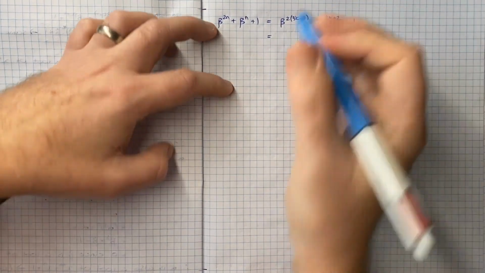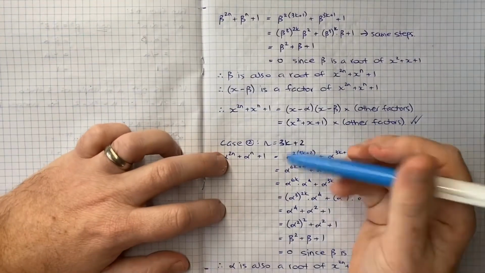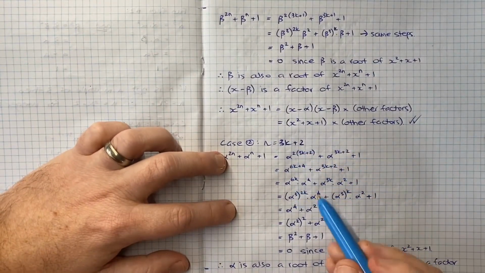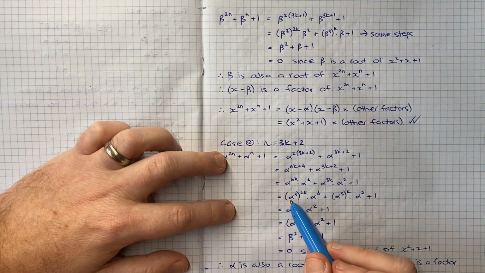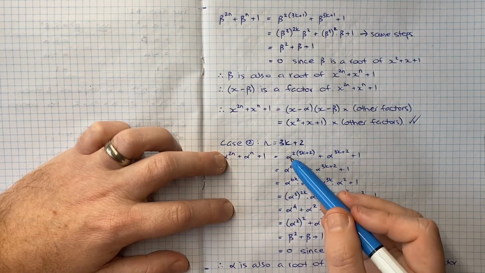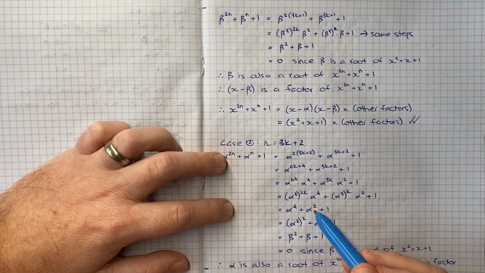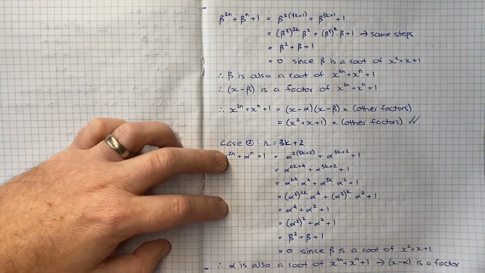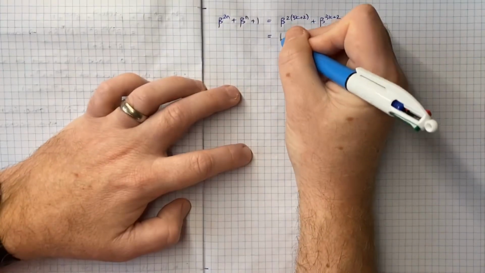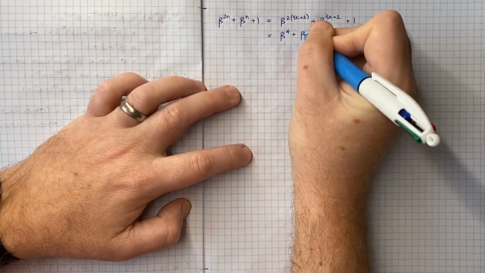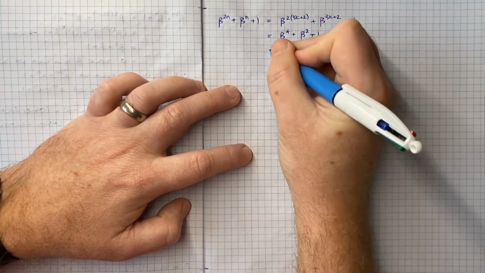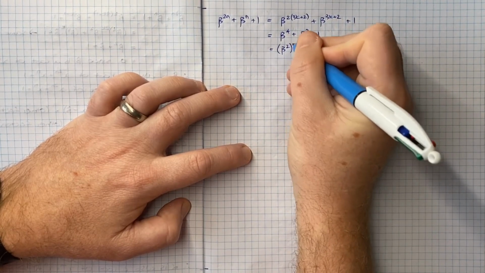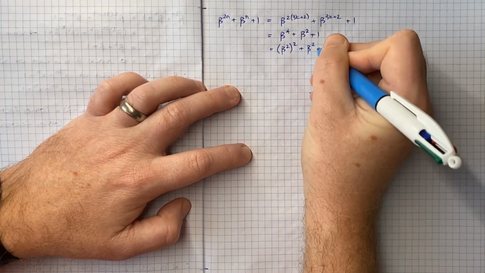And again, like I did before, rather than repeat all of these steps, wherever we had alpha, we're just going to have beta. So we're going to get beta to the 4 plus beta squared plus 1. And that's going to be beta squared squared plus beta squared plus 1.